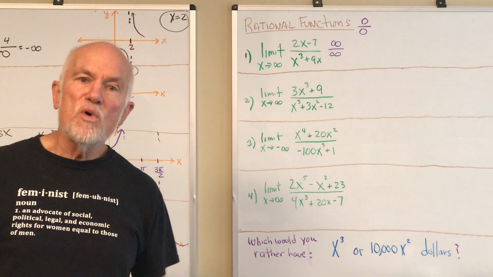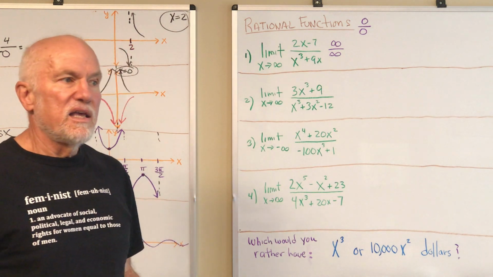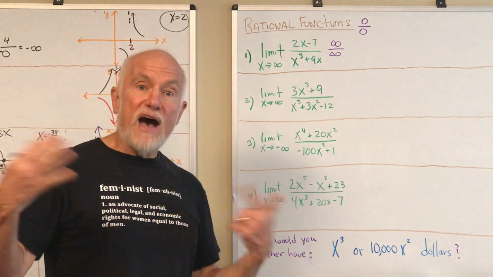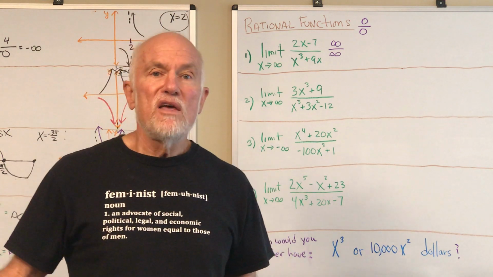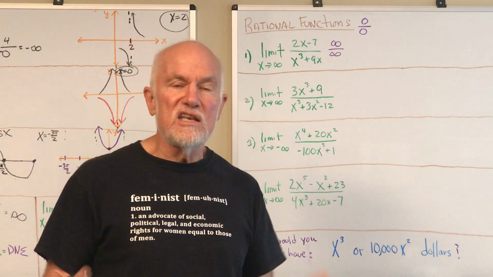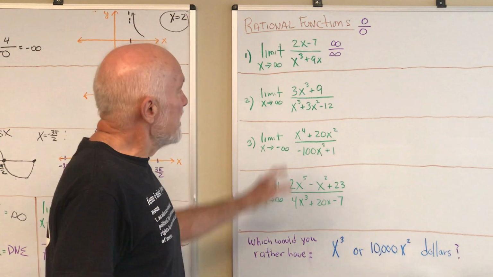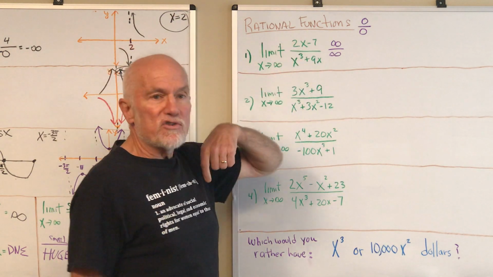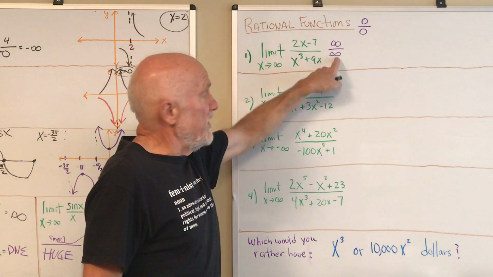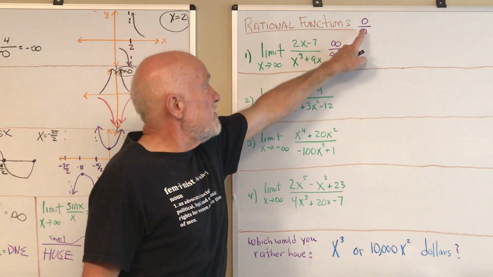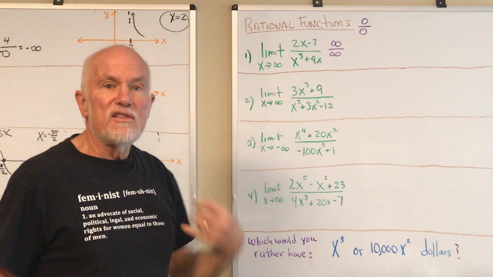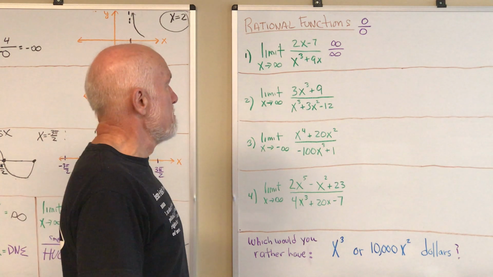We don't really know what the answer is going to be. It could be infinity, it could be 5, it could be 0. There's a lot of different possibilities. It's indeterminate. It really depends on how fast these functions are going to infinity, just like in this case, it depended on how fast the functions were going to 0.